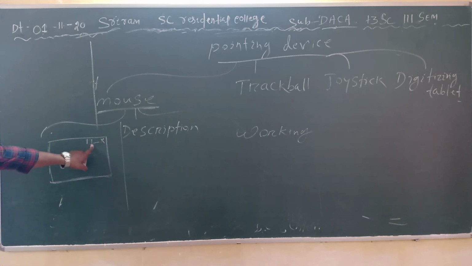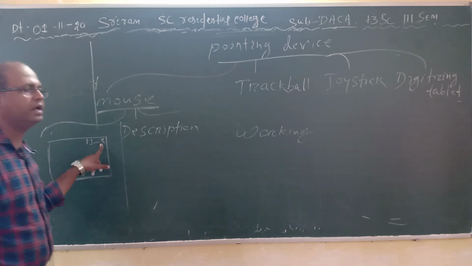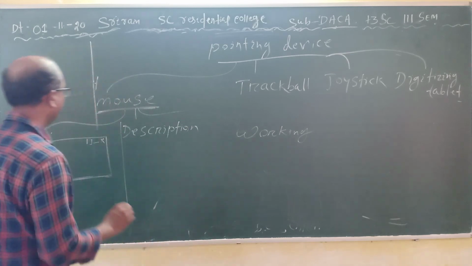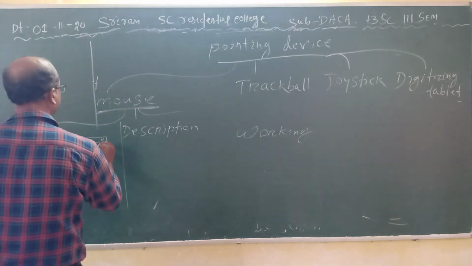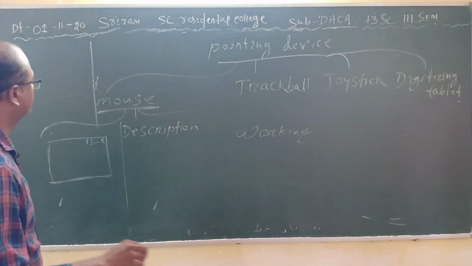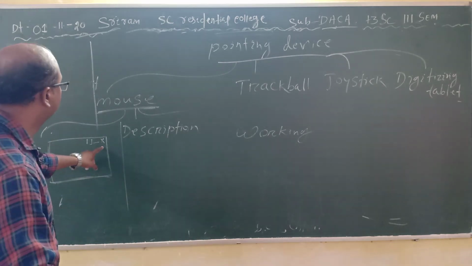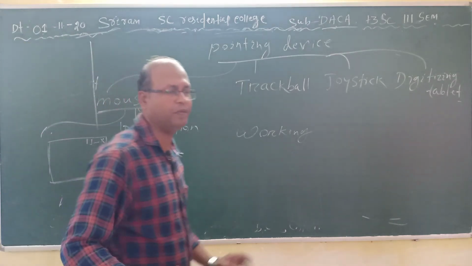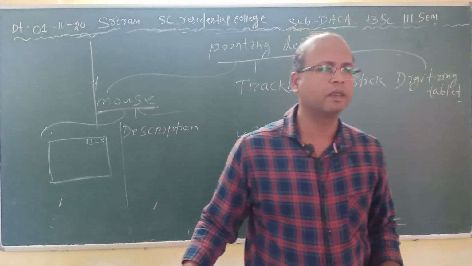This is for maximize, this is for minimize, and this is to close the current page. To close the current page, we just move the cursor to that point and click the mouse, and this page will be closed.